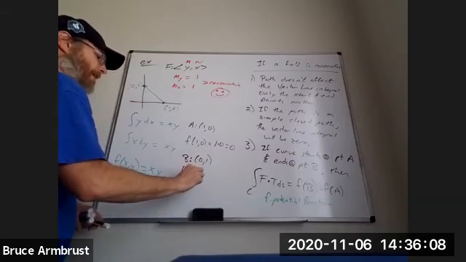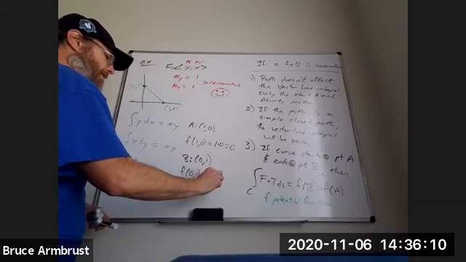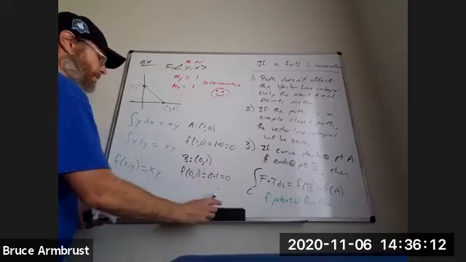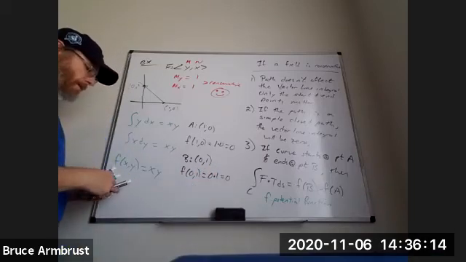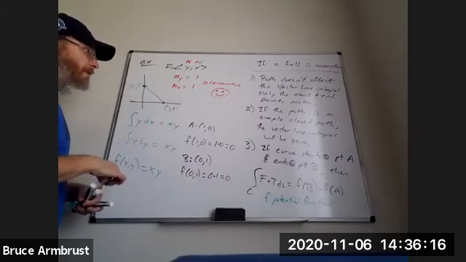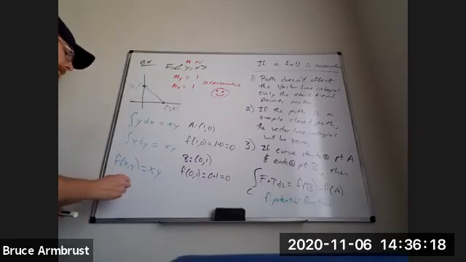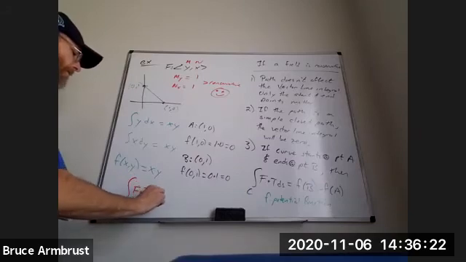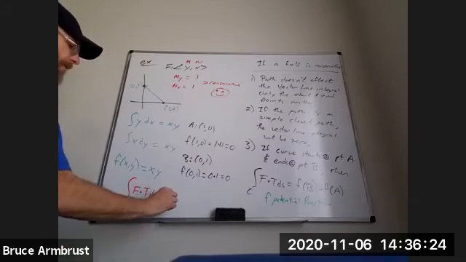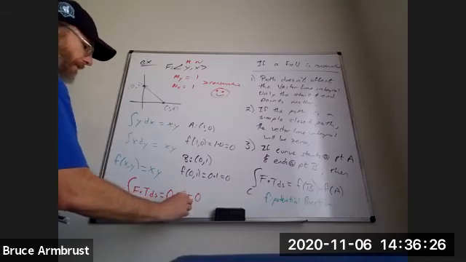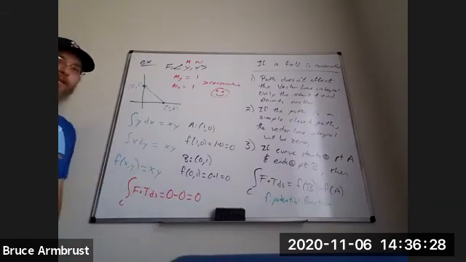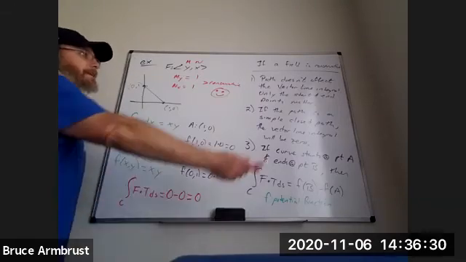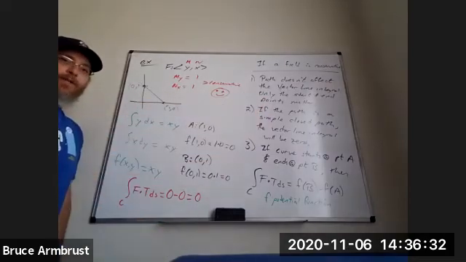We plug that into the potential function and get 0 times 1, which is 0. So what we know from the fundamental theorem is that over this curve, this work integral is going to be 0 minus 0, which is 0. And it's independent of path. It doesn't matter which way we go.